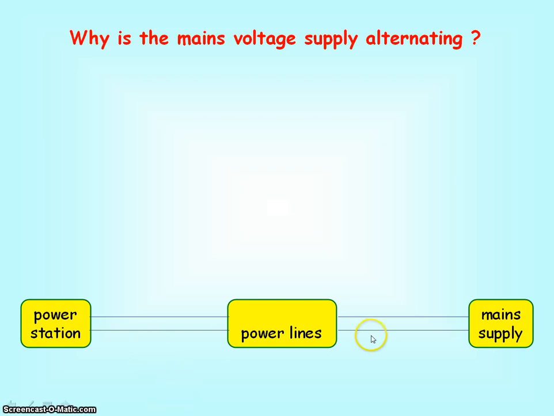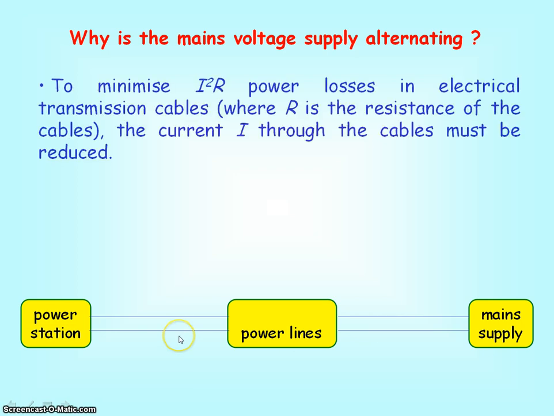And because the power lines have resistance, you're going to get I squared R power losses along the power lines. And so in order to minimize this power loss, we need to reduce the current that is going through the cables.